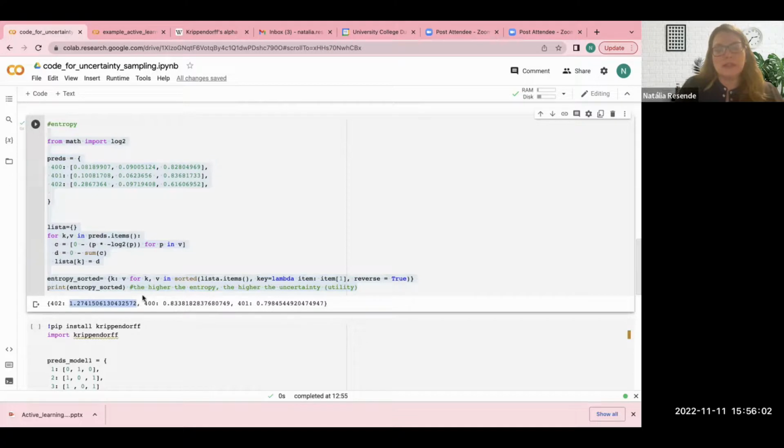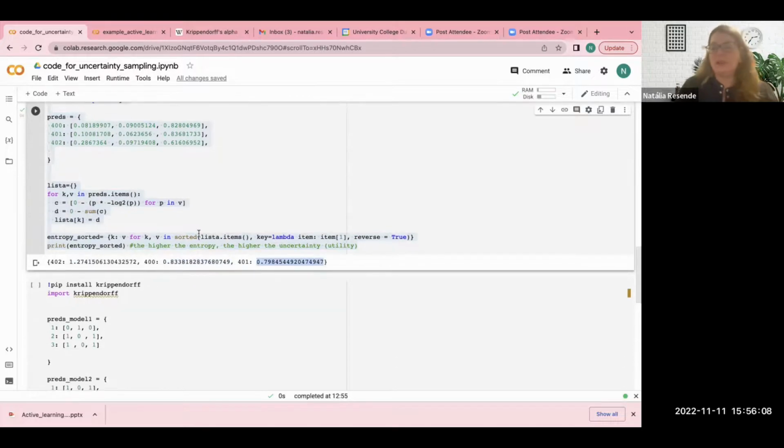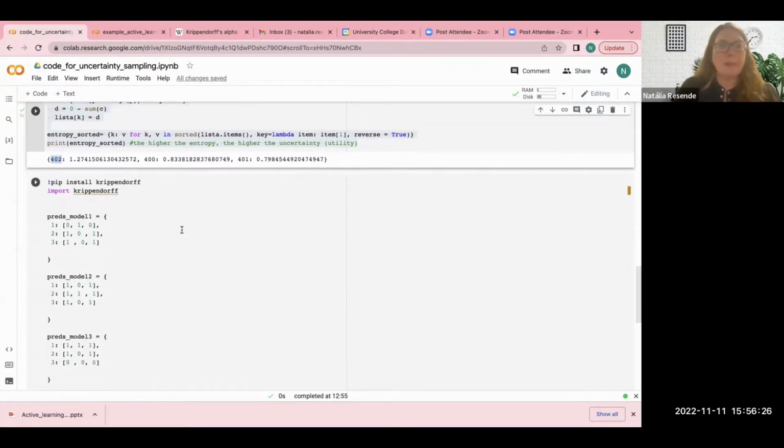This is the sorted discourse. If we need to present to a human for annotation, instance number 402 would be the first one, followed by instance 400 and 401, okay?